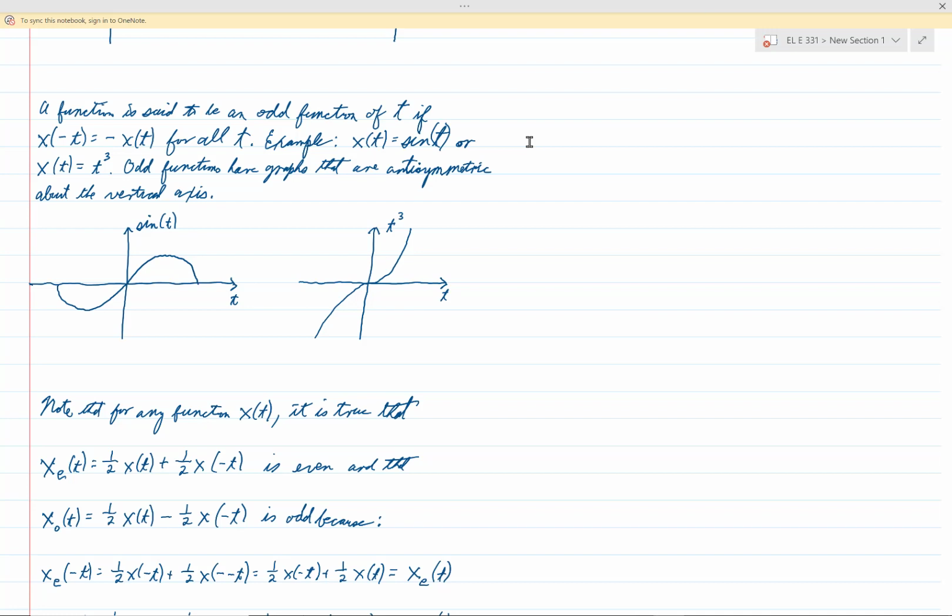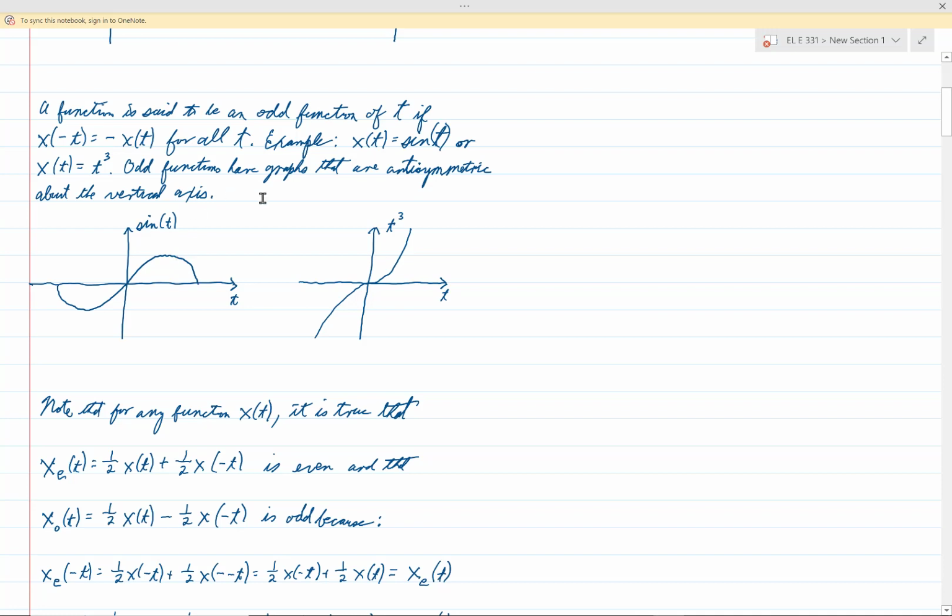And similarly, x of t is equal to t cubed is an odd function of t, because if we substituted in negative t here for t, the negative sign would get cubed, which would give us a negative sign, and then we'd have negative t cubed, which would be the negative of x of t. So that means that x of negative t is negative x of t, which means in turn that x of t is an odd function.